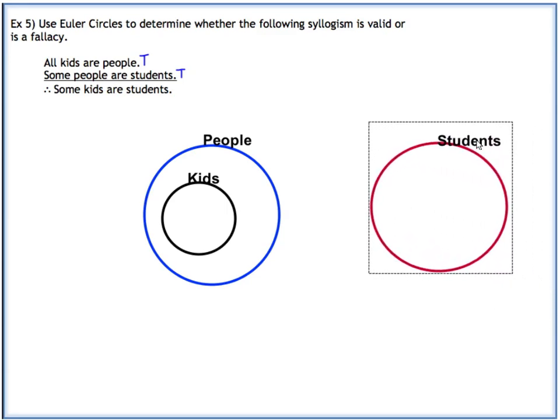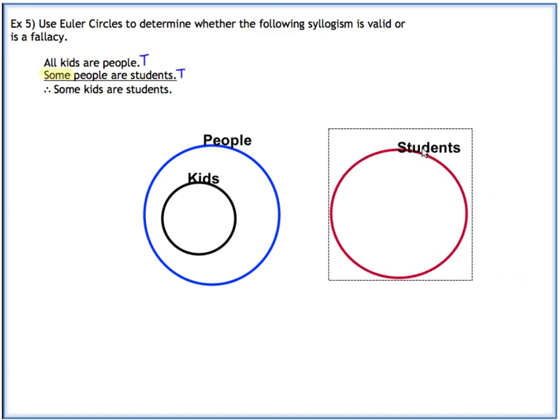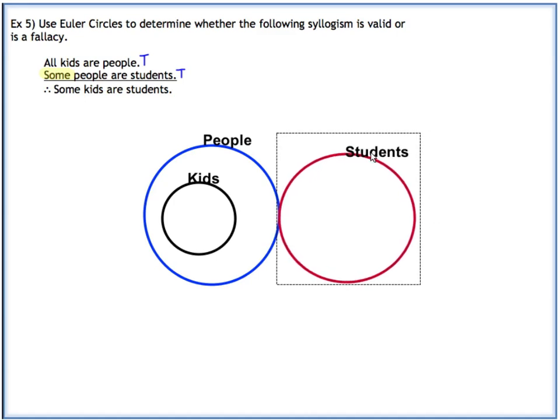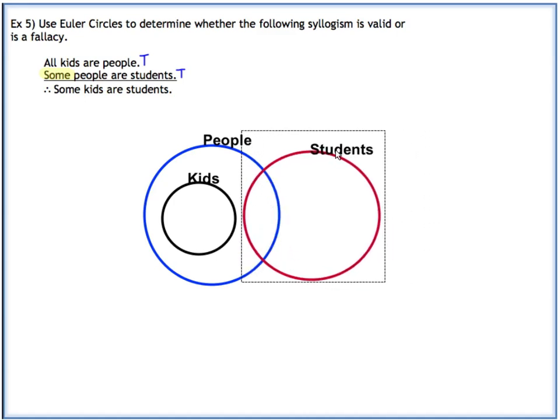Now anytime you have the word some, these are the more difficult ones. When you have some, that means we have to intersect these two circles. So when we have some, notice that some people are not students, some people are students, and some students are not people.